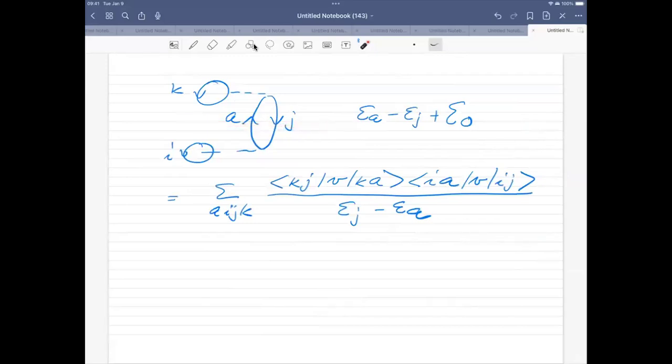The energy of the intermediate state is given by this contribution.